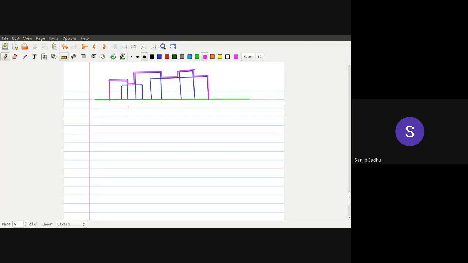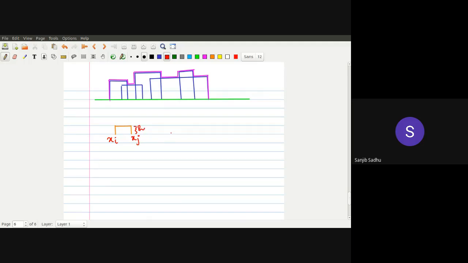So for any building, what will be the input? Input is just like this, a building. Suppose this is xi, this is xj, and this is the height h of the building.